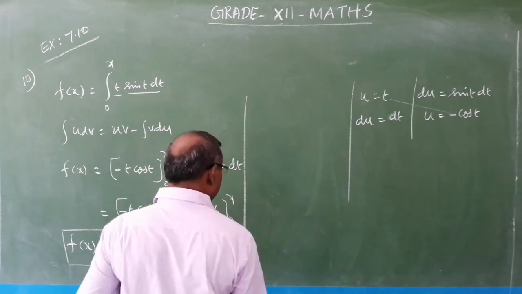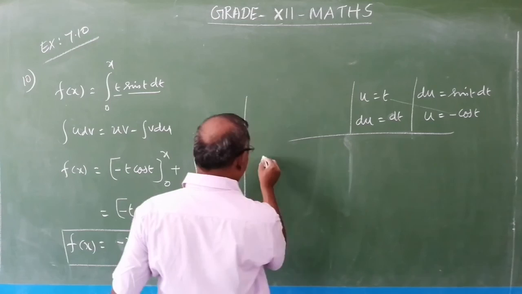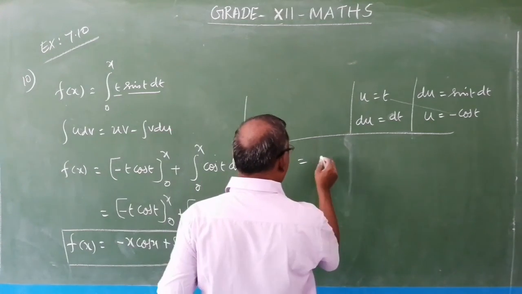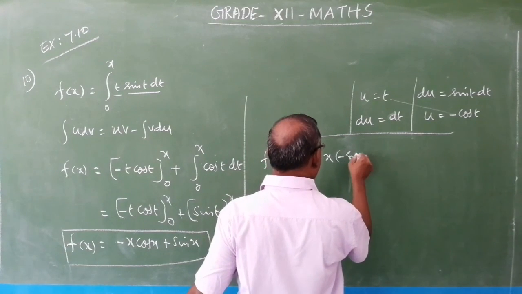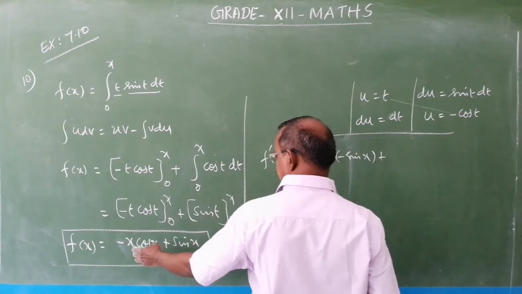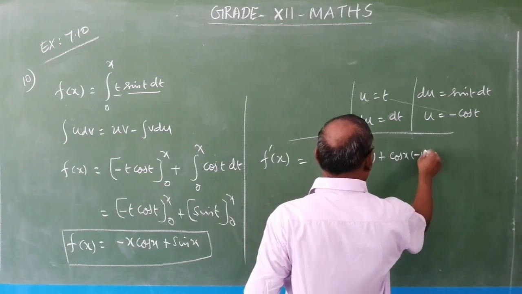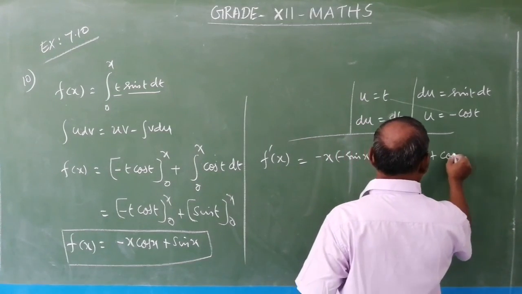We need to find f dash of x. Now f dash of x equal to, minus x into cos x becomes minus x sin x, and cos x into minus 1, plus, differentiating sin x, it will become cos x.